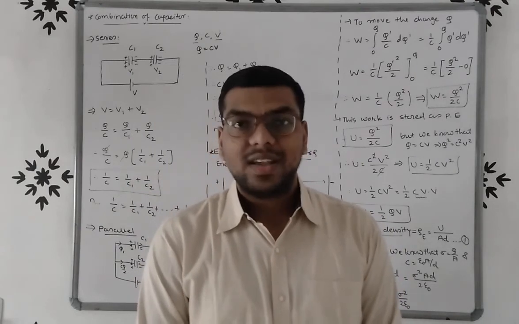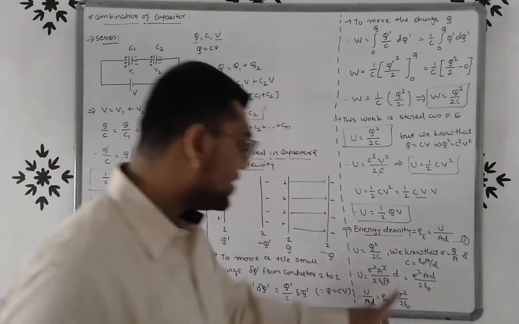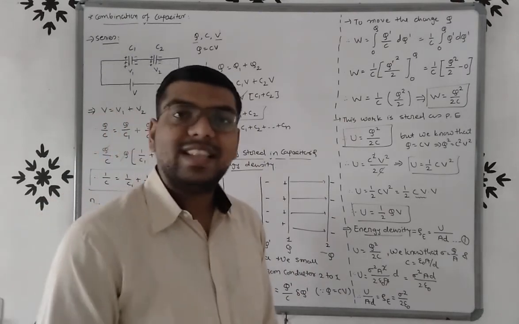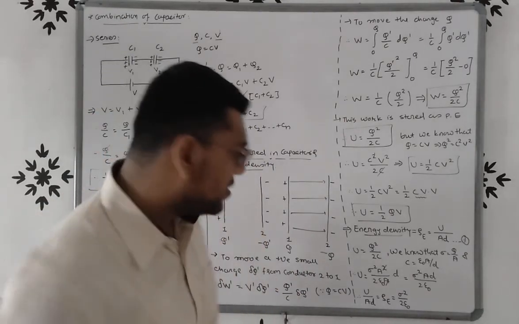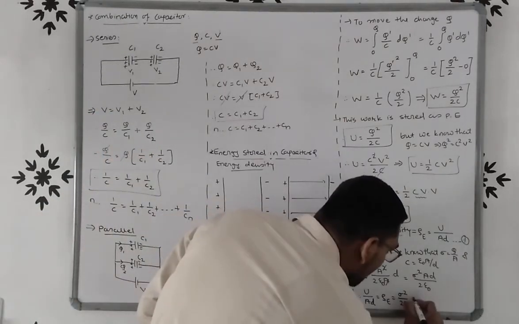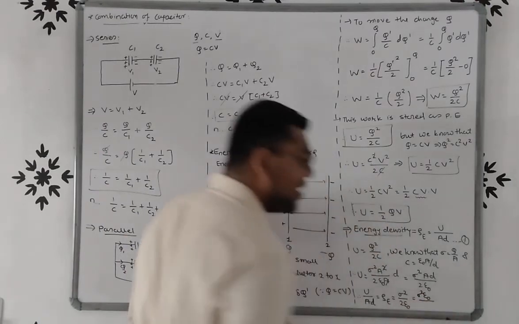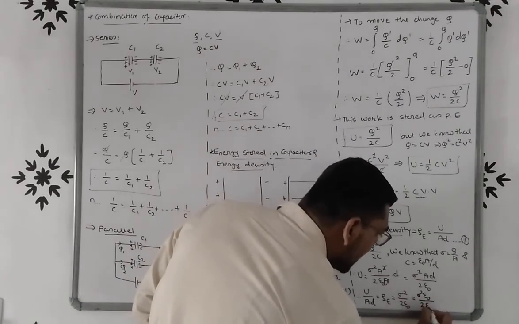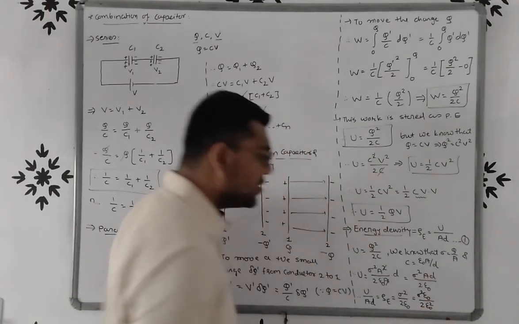For that, we multiply this equation by epsilon 0 and divide by epsilon 0. So sigma square into epsilon 0 divided by 2 epsilon 0 square.